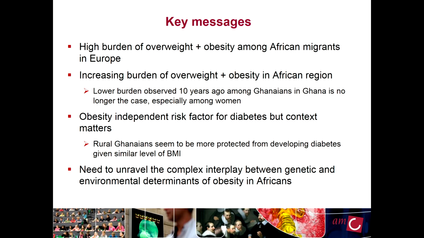We also see that obesity is an independent risk factor for diabetes in this population, but context matters. Rural Ghanaians seem to be more protected from developing diabetes for a similar BMI. And lastly, there's clearly a need to unravel the underlying factors of overweight and obesity in this population, and thereby we need to look at genetic factors, environmental, and also epigenetic determinants.